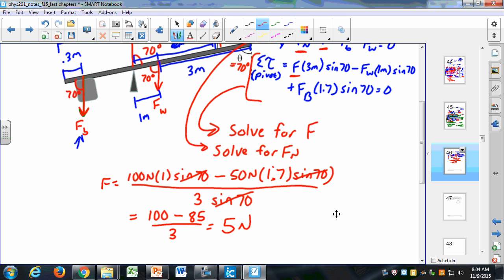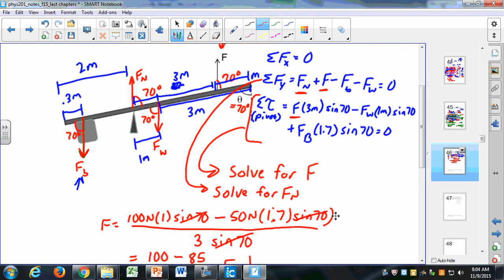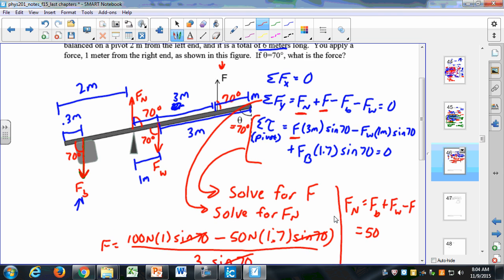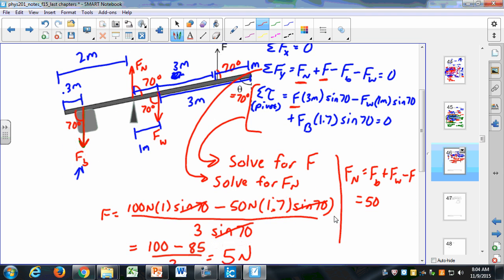So F is equal to 5 newtons, and then I can plug that back in up here and solve it for Fn. I get Fn is equal to Fb plus Fw minus F. Fb was 50, Fw was 100 minus F, which I now know is 5, so that's 145 newtons.